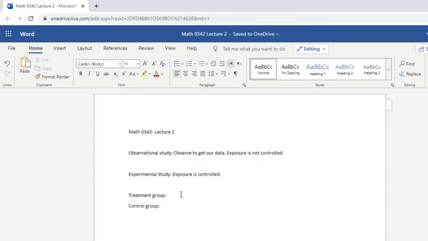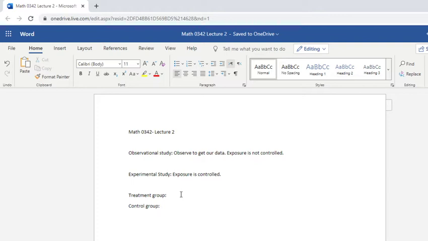So the treatment group is a group that is going to get a change of some sort. It's going to be some kind of exposure that we control. So for instance, if we were observing plant growth and we wanted to test and see what sort of factors contribute to how a plant grows, we might start changing some things.